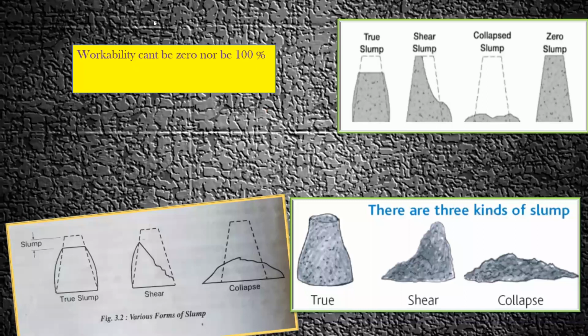So next point of discussion is that, see, always remember the workability can't be zero nor it can be 100%. So what do you understand by this? See, ultimately whatever test we are doing here, we have to understand that in terms of workability, right? That is why the test is being done. To measure the workability, we are doing the slump test. So is it possible for the workability to be 100%?